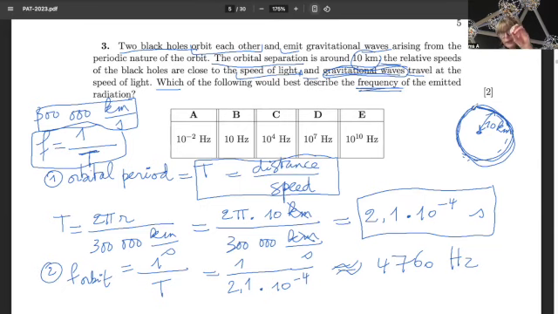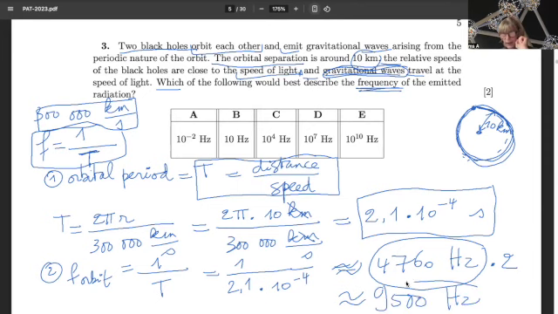And so a complete orbit is times 2. So what am I going to do? This times 2. Then I have the frequency of the gravitational wave, which is 2 times this, and this is going to be more or less 9,500 hertz.